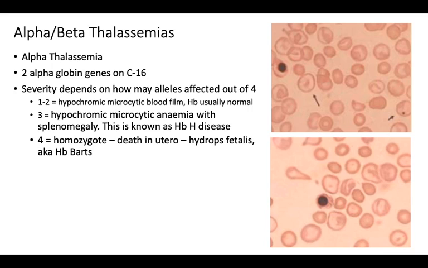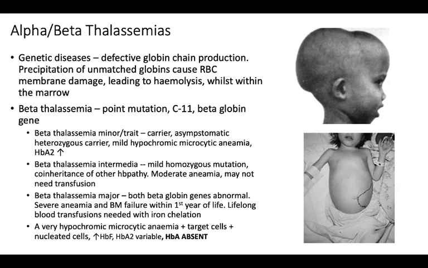If only one or two alleles are affected, you will have a hypochromic microcytic picture, but hemoglobin concentration is usually normal. If three alleles are affected, then you will have a hypochromic microcytic picture with splenomegaly. This is known as HbH disease, which will then cause things like frontal bossing and splenomegaly.